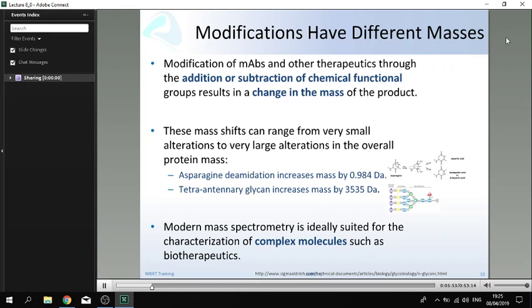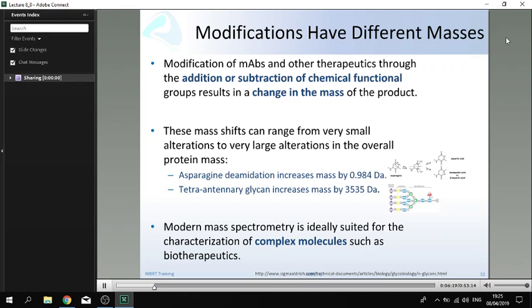So any modification of our monoclonal antibody or any other therapeutics through addition or subtraction of some kind of functional group will change the mass of the product, and we will be able to differentiate those, to see those differences using our mass spectrometry. And those mass shifts can range from really small mass alterations to very large ones.